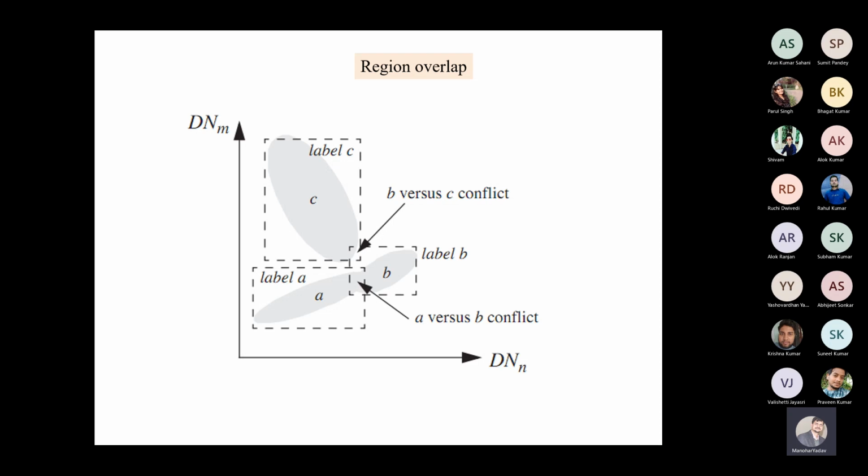The minimum bounding rectangle is formed. Corresponding to class B, an MBR is formed. Similarly for class C. And you can also notice the overlap region. Let's say if a pixel is falling within that overlap region, then which class do you need to assign to that pixel?